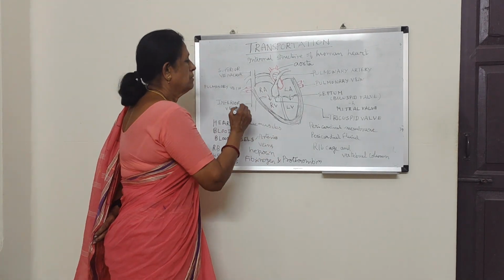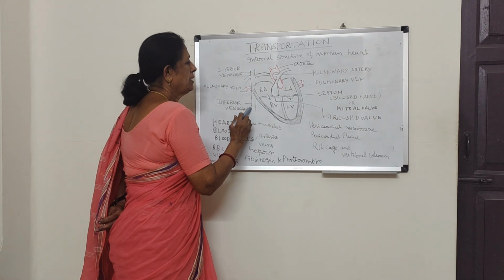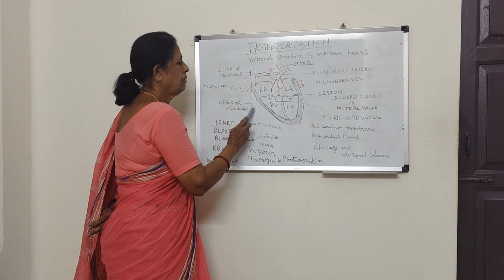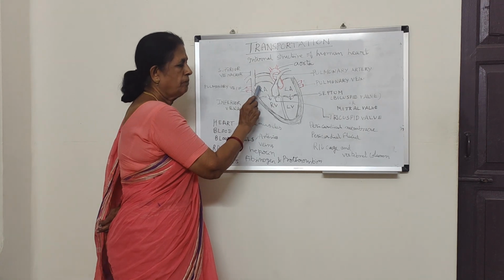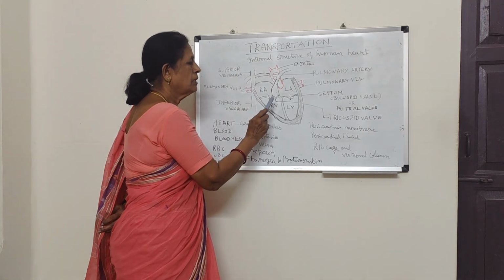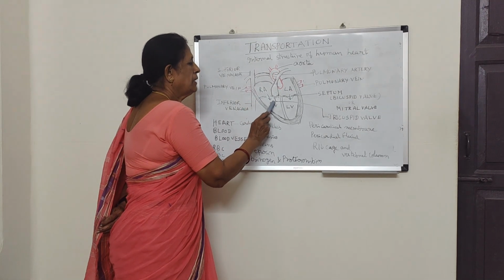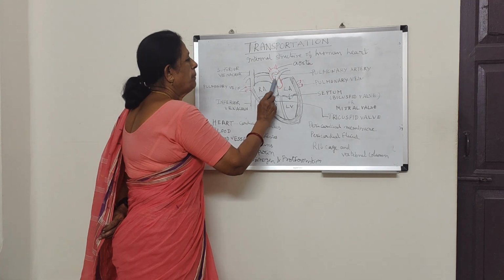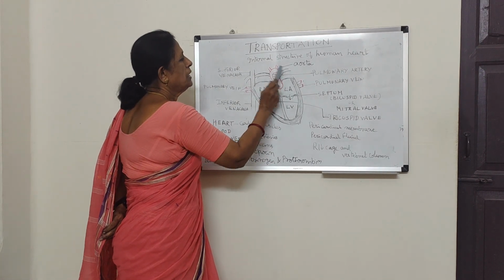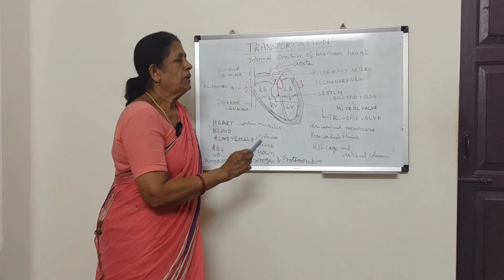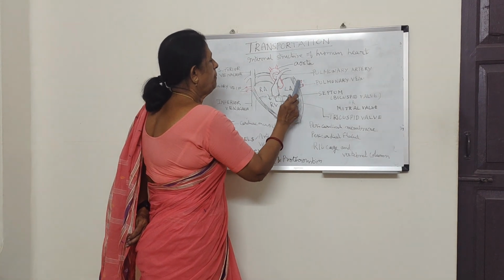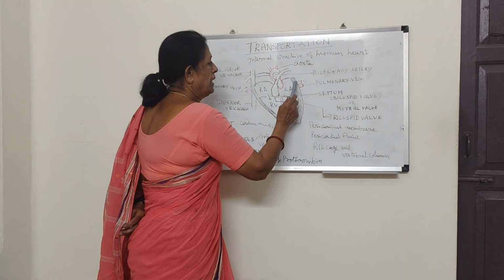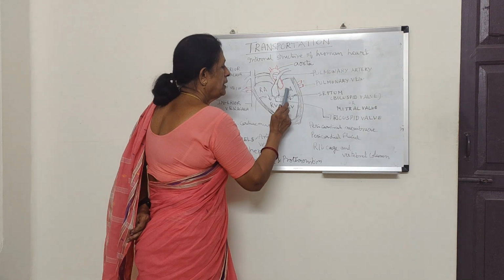Shall I repeat? The superior vena cava and inferior vena cava collect blood from upper and lower body parts and open into the right atrium. From the right atrium, the blood flows to the right ventricle. From the right ventricle, the blood is collected by the pulmonary artery and goes to the lungs. In the lungs, the blood gets oxygenated. The oxygenated blood is collected by the pulmonary vein, which opens into the left atrium.